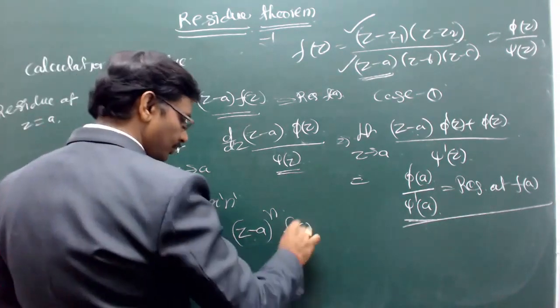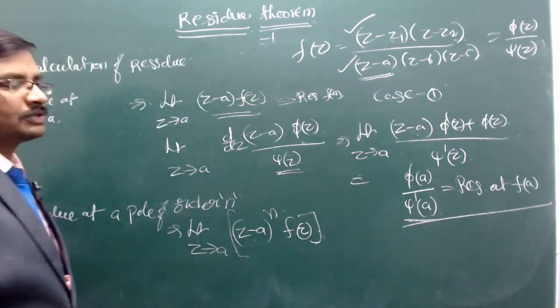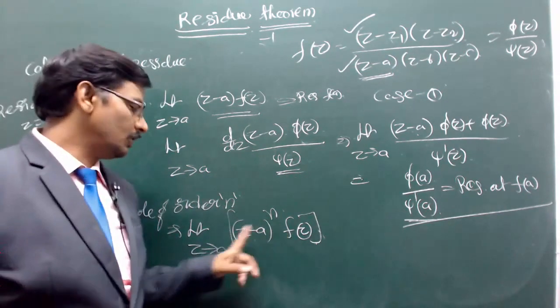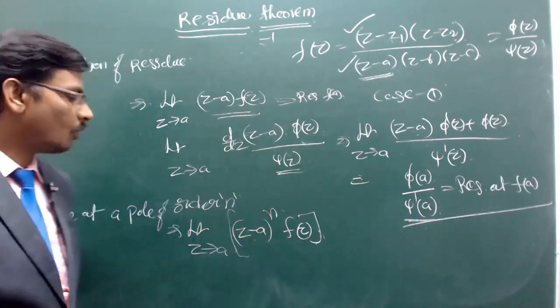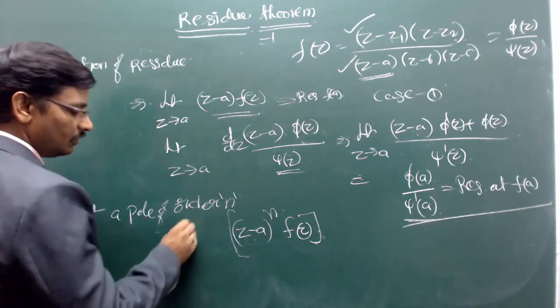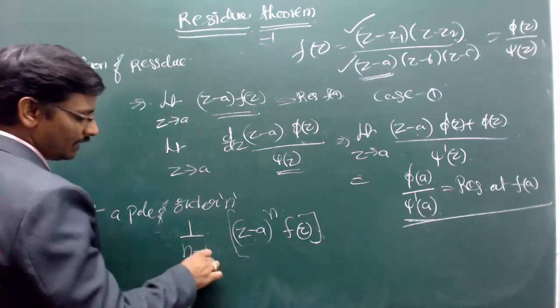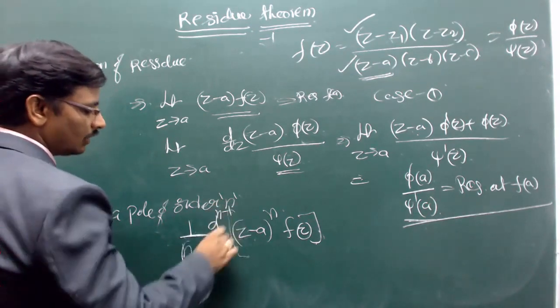Then after multiplying this, here, if it is a simple pole, you are straight away substituting it. But if it is a pole of order n, what you need to do is multiply this value with 1 by n minus 1 factorial and do the derivative n minus 1 times with respect to z.